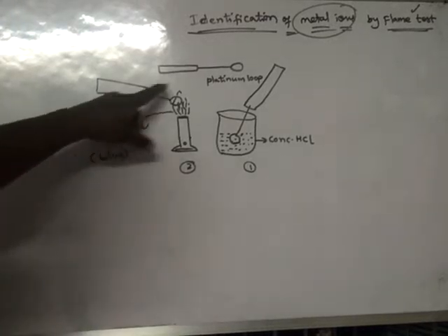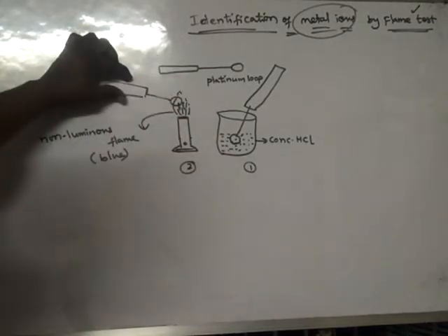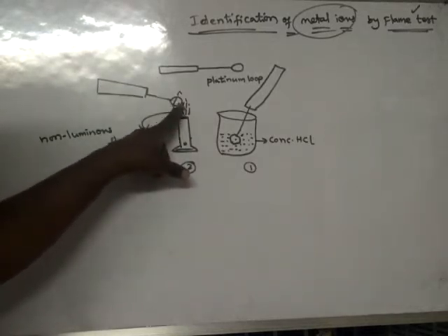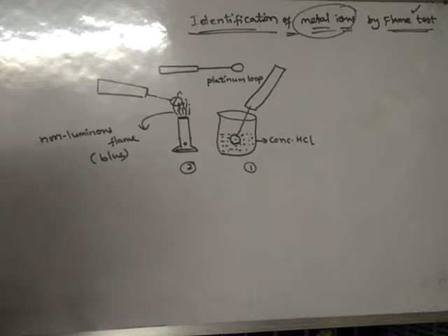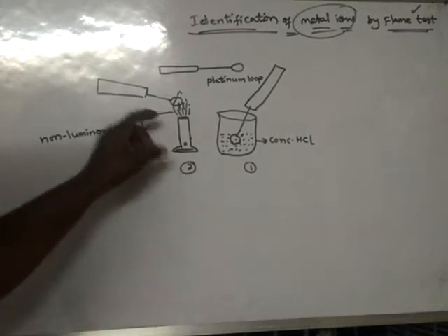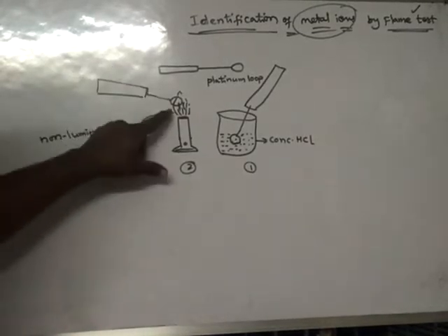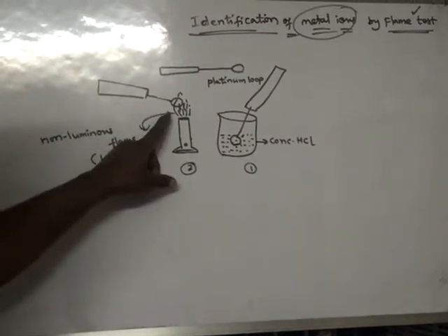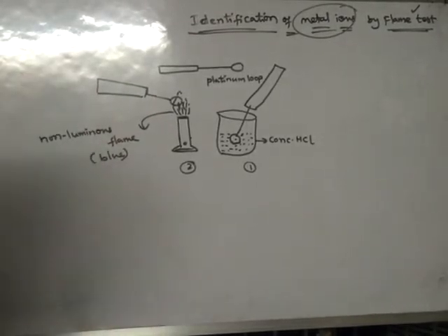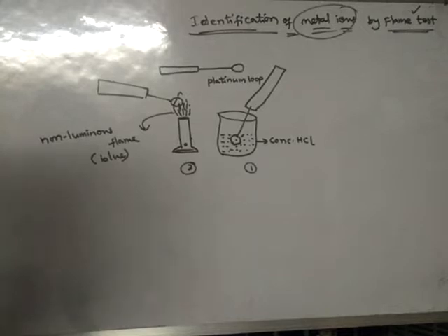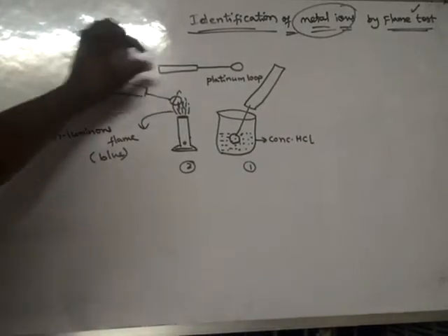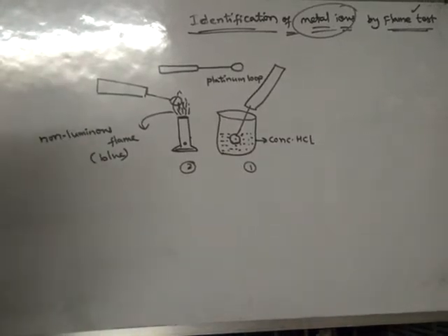Initially, when we bring the loop into the flame, it shows different colors. We keep the loop in the flame until all the colors disappear and finally a blue flame is produced again.